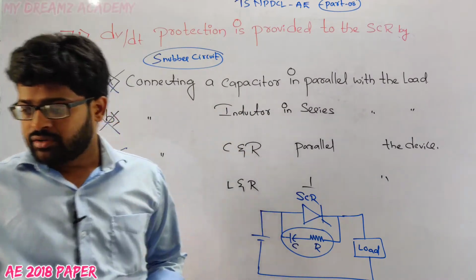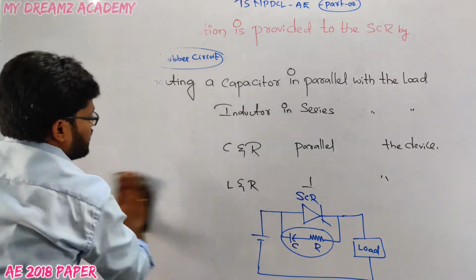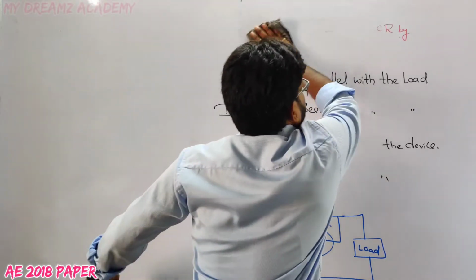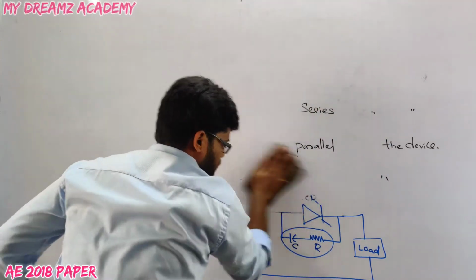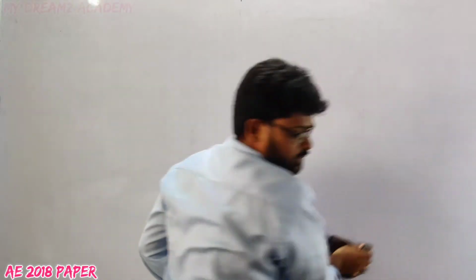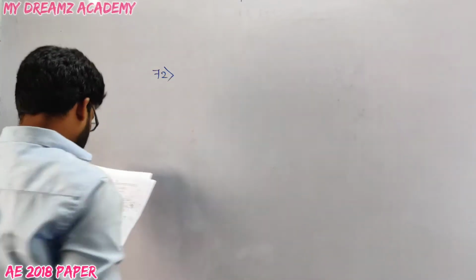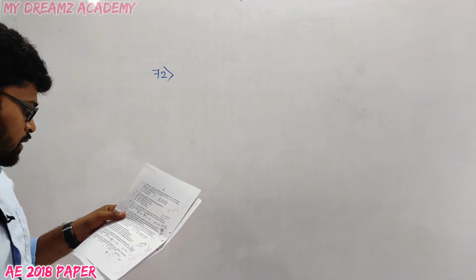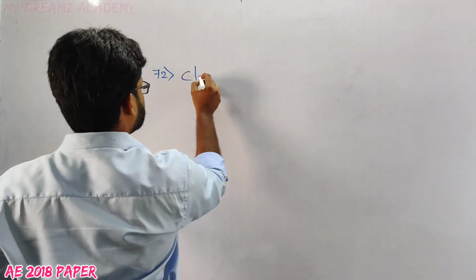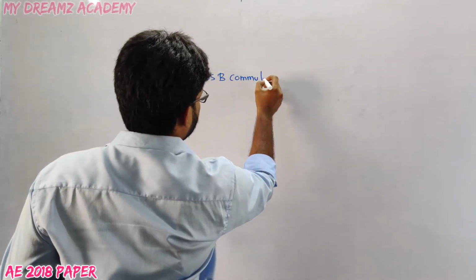Now we are going to see question number 72. This question is also from power electronics only. The question is class B commutation.